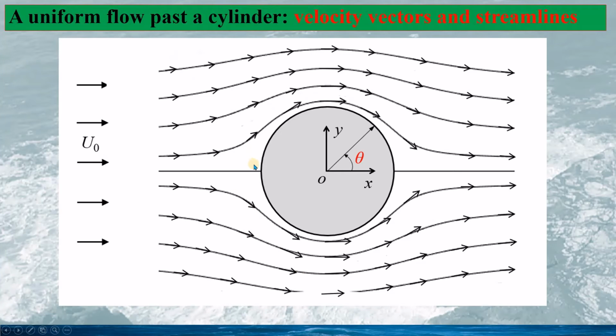And based on the vectors of velocity, we can draw the streamline. So we have the drawing like this. And we can see everywhere the velocity vectors are tangent to the streamline everywhere in the fluid.